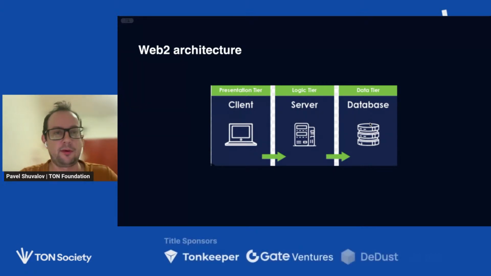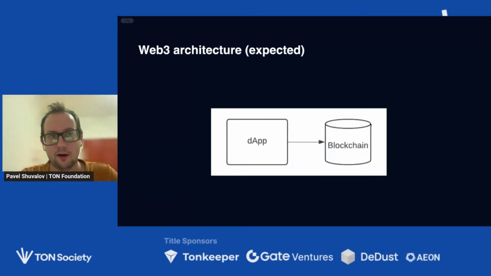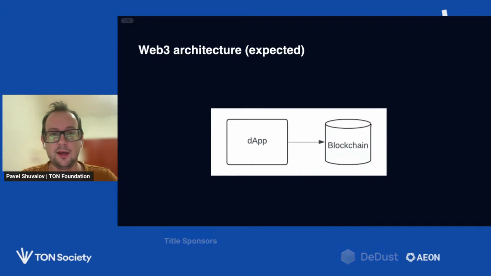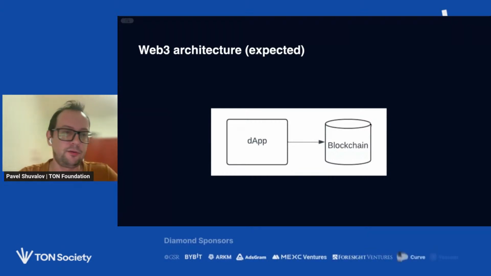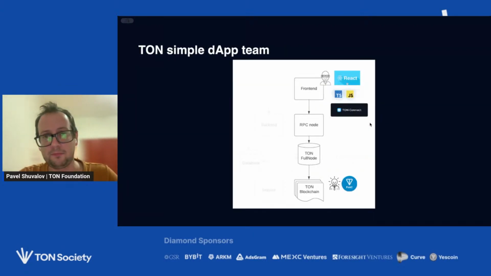It's quite common for most of Web2 applications. For Web3, it looks a bit different, and a lot of developers are expecting something like this, just the app and blockchain. So blockchain could replace server side and database layer in theory, but in practice, it works for simple DApps.